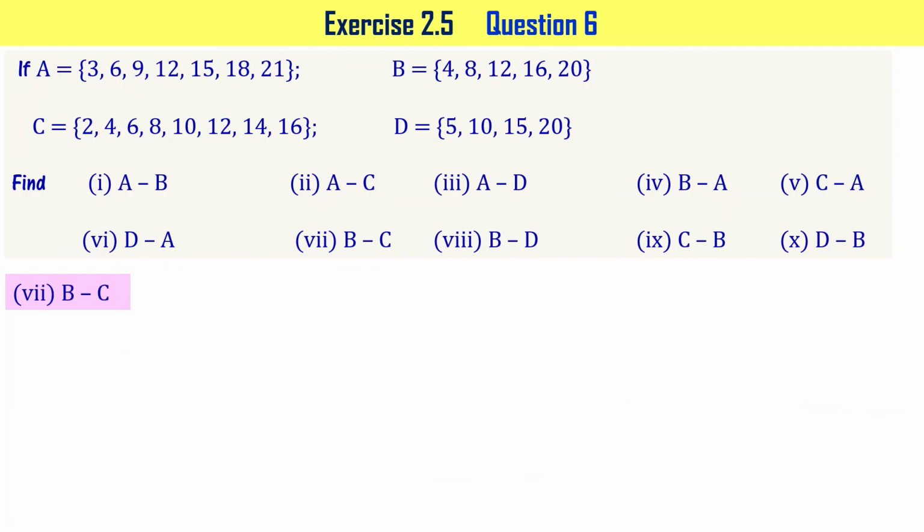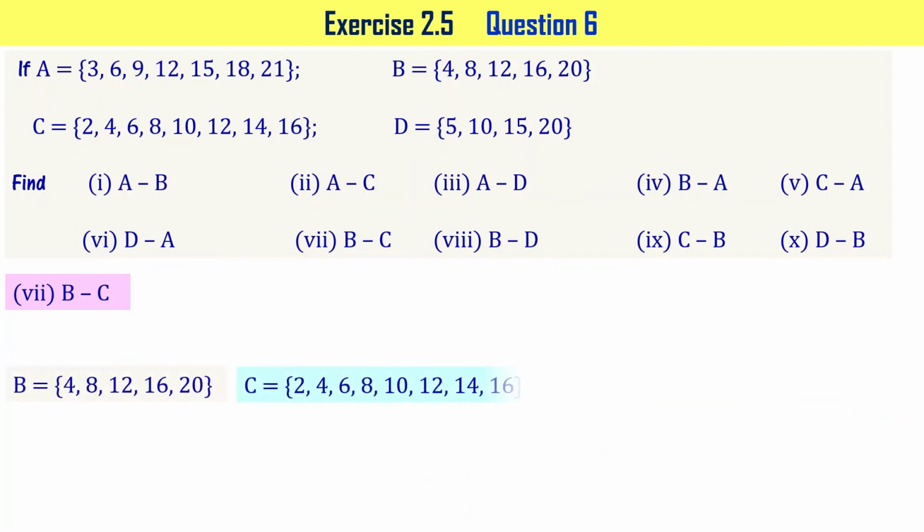Let's go to the next part, that is B minus C. Let's write B and let's write C. And B minus C is the set containing elements that belong to B but do not belong to C, right? 4 belongs to both, that's why we can't include. 8 belongs to both, that's why we can't include.